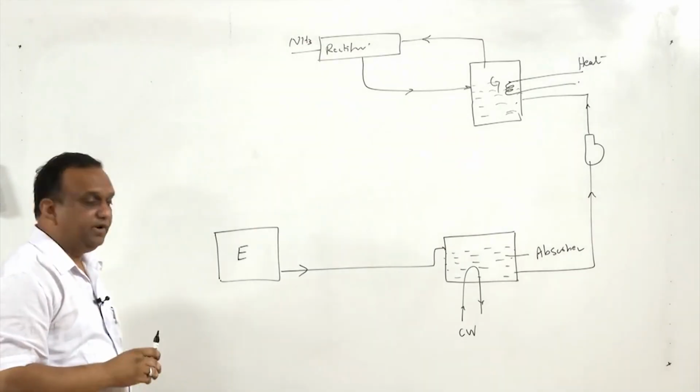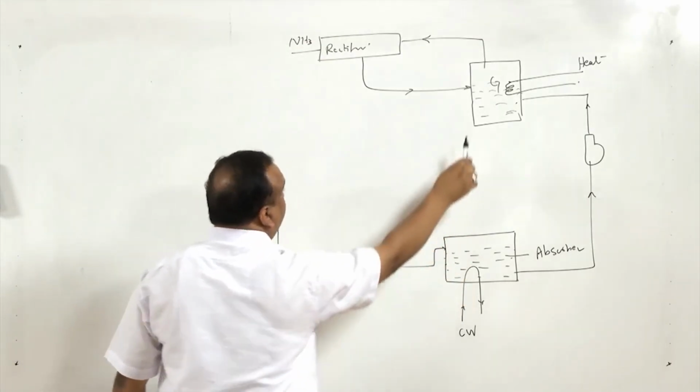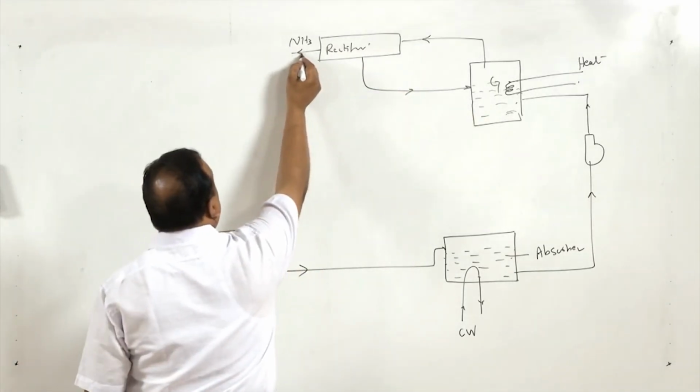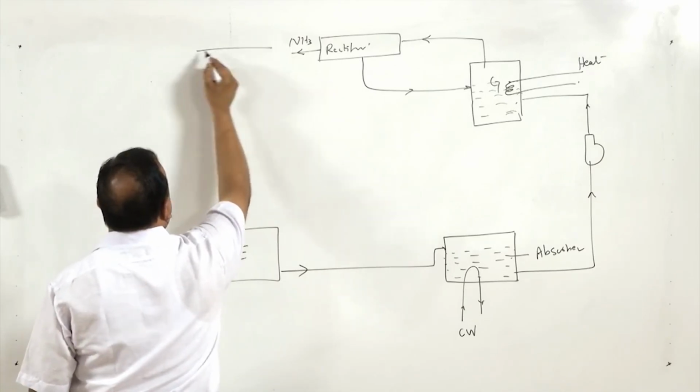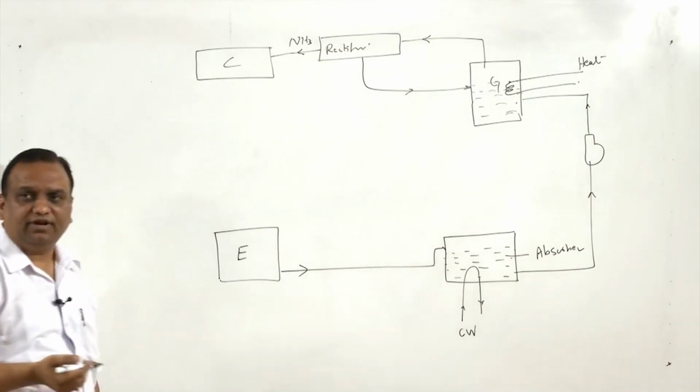So, I am repeating the process. This is the evaporator, absorber, generator. Now, we have come to the rectifier. This ammonia after the rectifier goes to the condenser and condensation takes place.